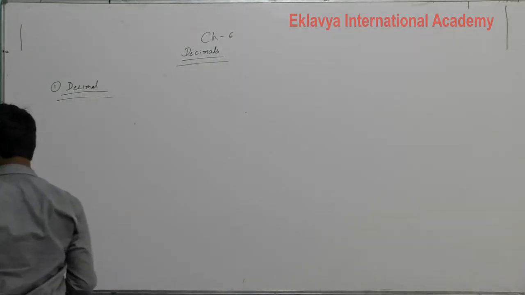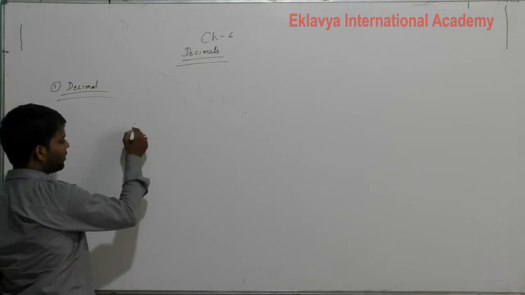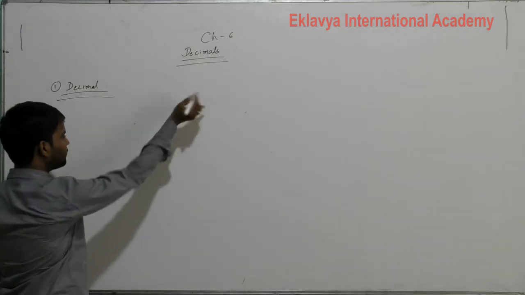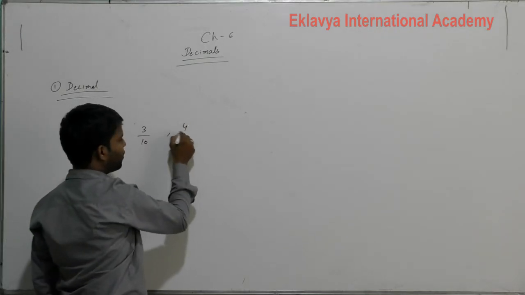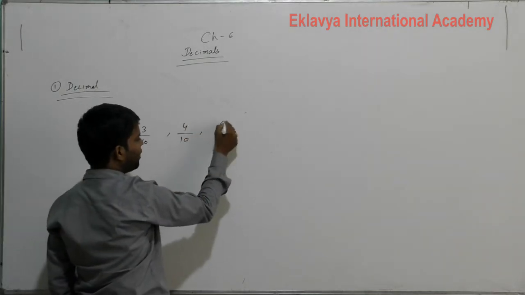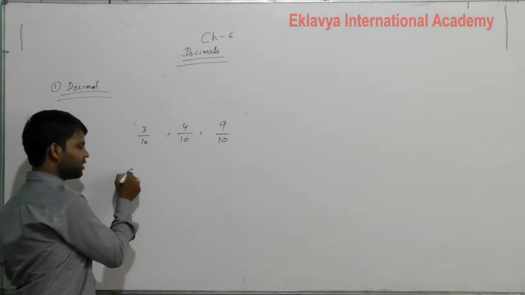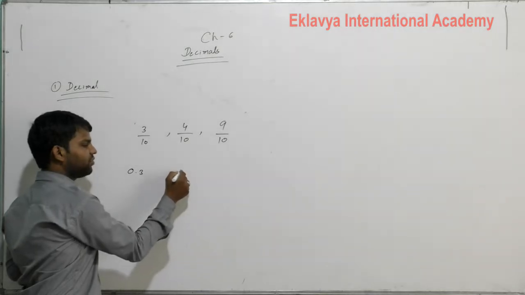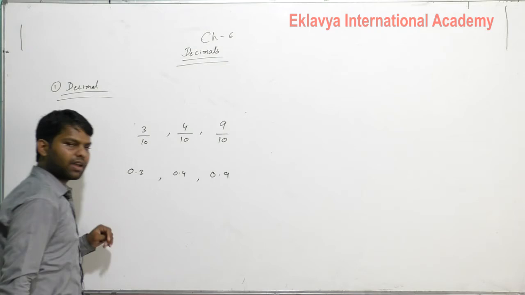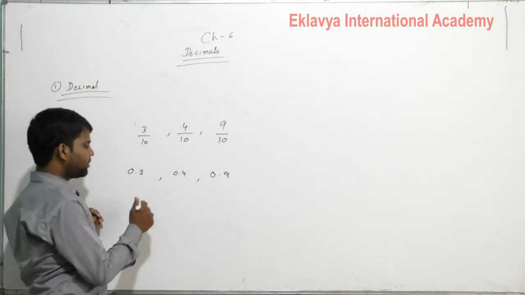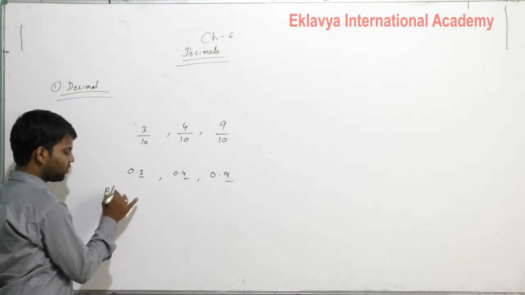See here, first, if decimals are 3 upon 10, 4 upon 10 and 9 upon 10, and we divide these, then we get 0.3, 0.4 and 0.9. So here decimals are on the basis of their place value.